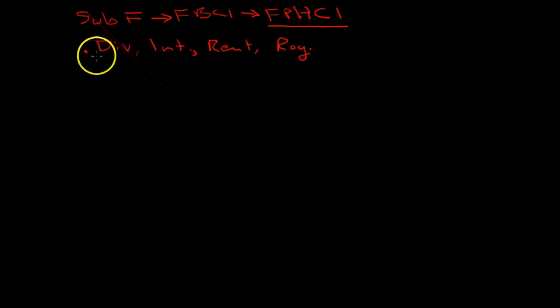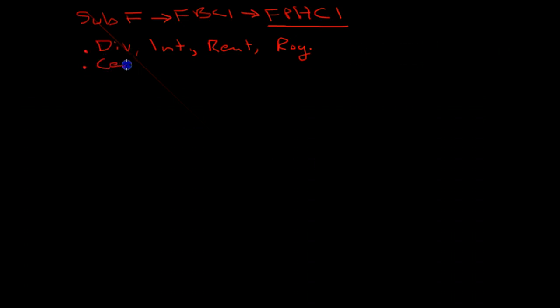So we'll find that there are exceptions to Subpart F for dividends, interest, rents, and royalties, and depending on how transactions are structured or the character of the transaction, they may or may not meet an exception to the Subpart F rule, but generally speaking, dividends, interest, rents, and royalties are under this foreign personal holding company income, which is defined as Subpart F.